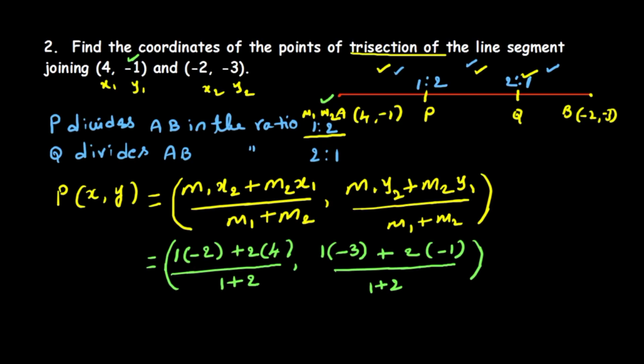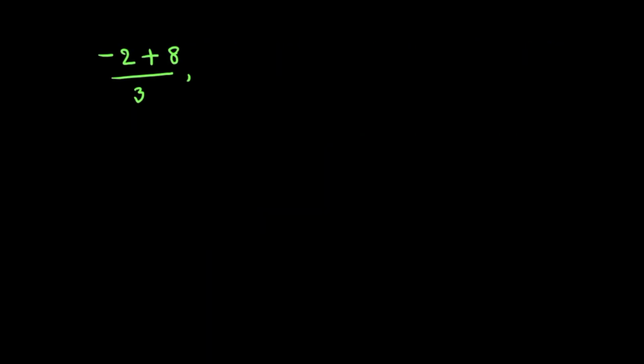And in the previous step again 1 into -3 is -3, plus 2 into -1 is -2. So -3 and -2 divided by again 1 plus 2, that is 3.